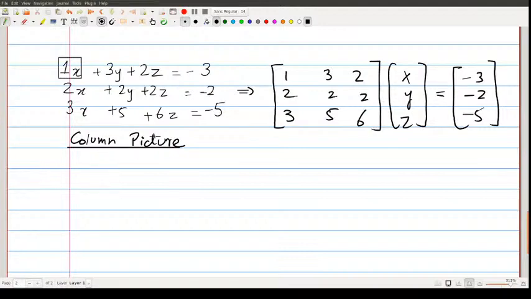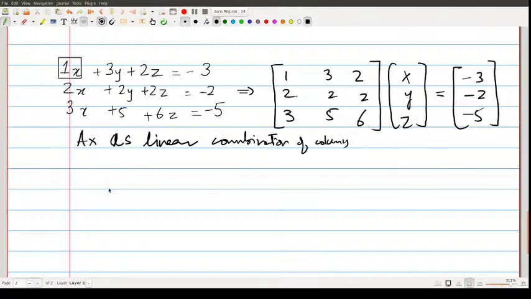So view Ax as a linear combination of columns, right? So here it is.